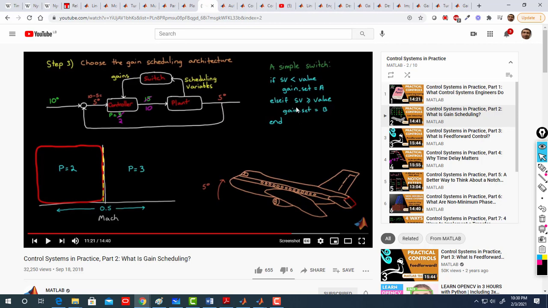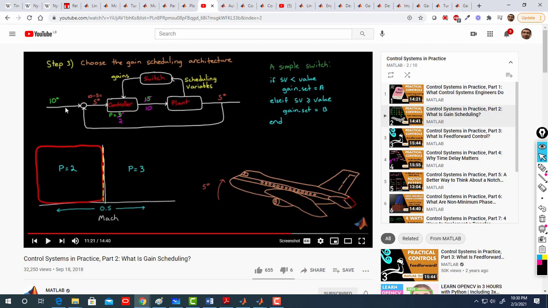So in this example, the scheduling variable is the operating condition, in this case the Mach number. It's not necessarily the Mach number. Sometimes it is your desired reference, your desired operating point.